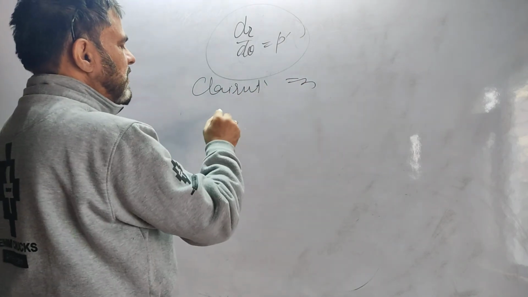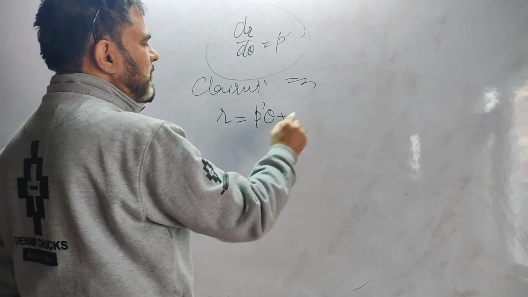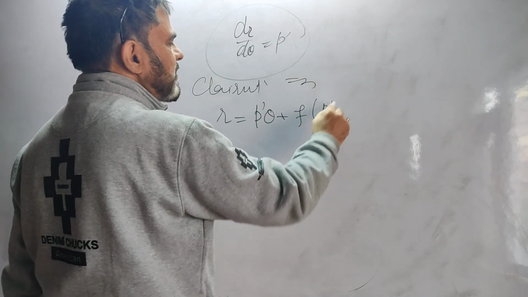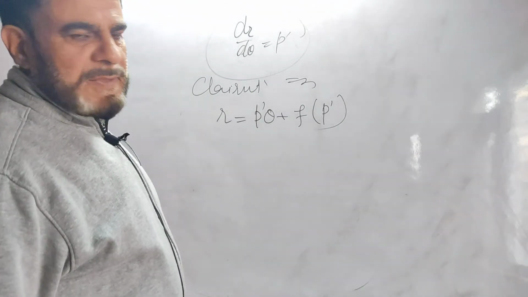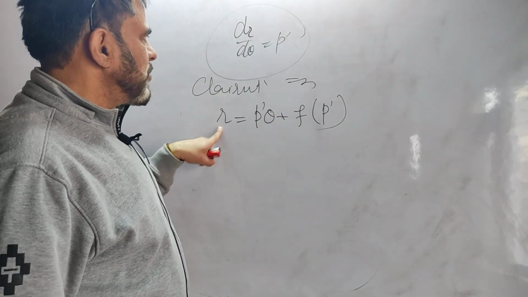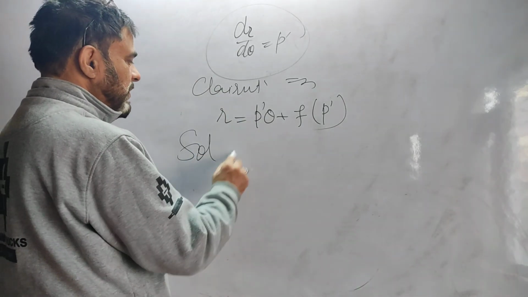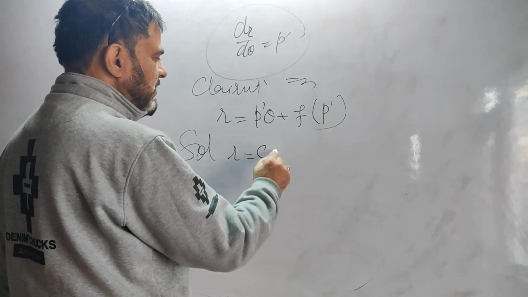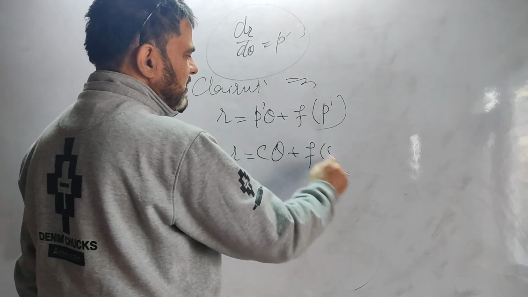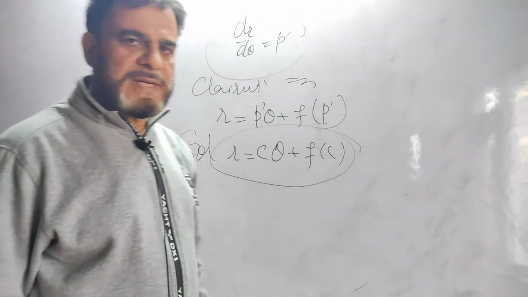Clairaut's equation will be here: r is equal to p dash theta plus some function of p dash. So if dr by d theta is p dash, my Clairaut's equation should be of this form. So what is the solution? My solution will be r is equal to c theta plus f of c. This is how we write.